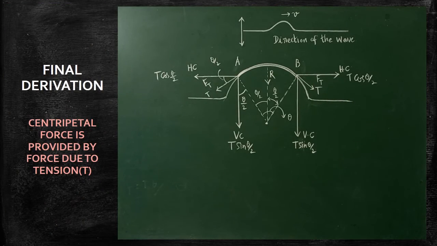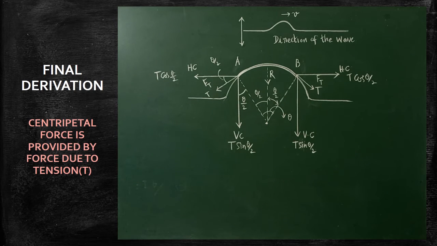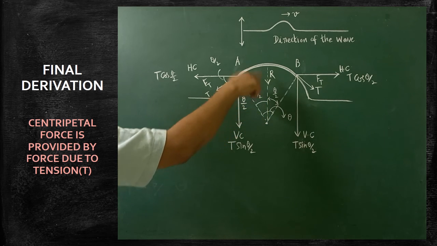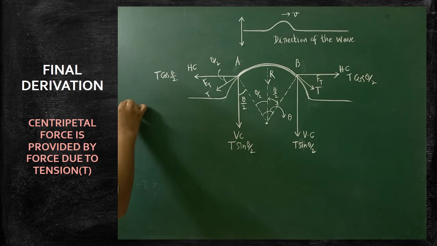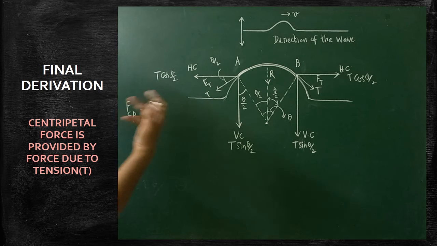Finally, we are going to derive the expression for the velocity of the transverse waves through the string. As I have told earlier, the centripetal force is provided by force due to tension. Centripetal force, FCP, is provided by force due to tension. This is a very important expression. You should know that in different circular motions, the centripetal force is provided by different kinds of forces.